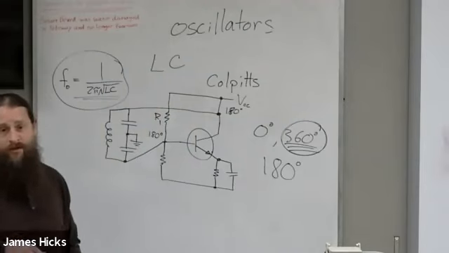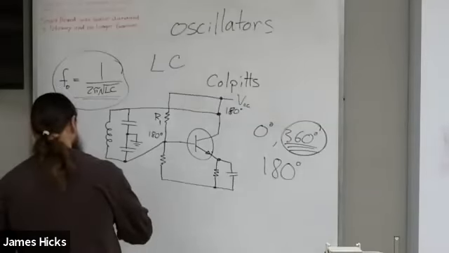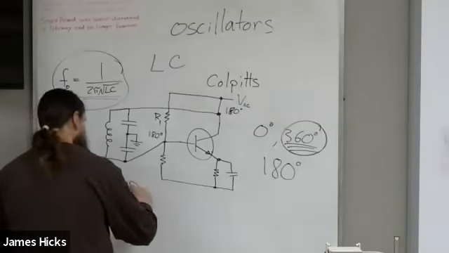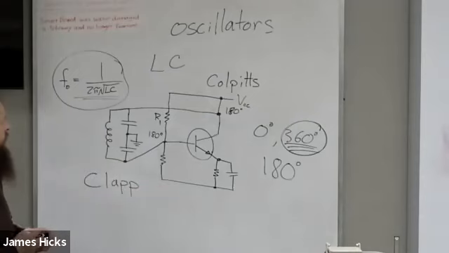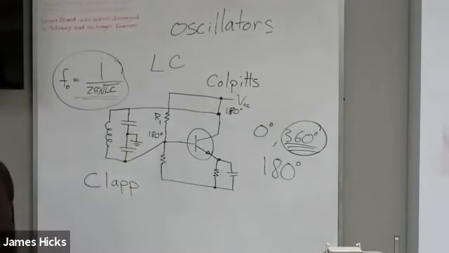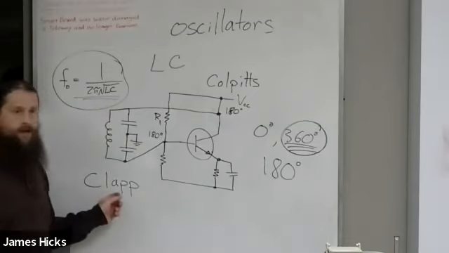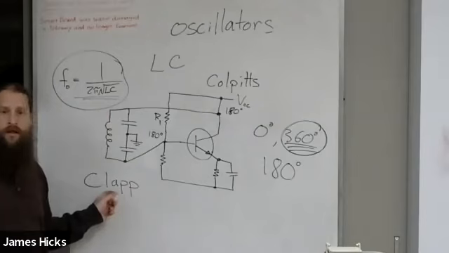It's the Clapp oscillator. The Clapp oscillator is a tiny variation. And I think a lot of these ended up being active, and I think that's why they have names.